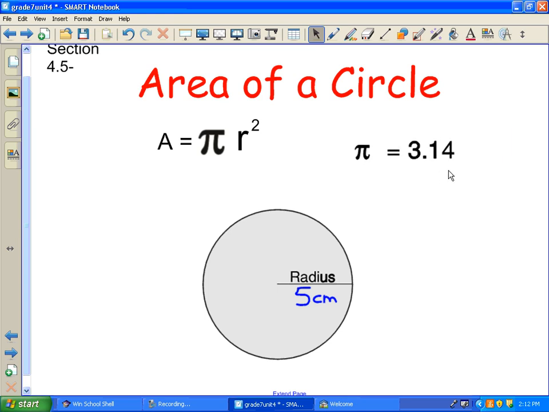That's what we use for our pi. And r squared just simply means you multiply the radius together twice. So if the radius is 5, then you multiply 5 times 5, and you do that first, and then you times that by 3.14, and you will get the actual area of that circle.